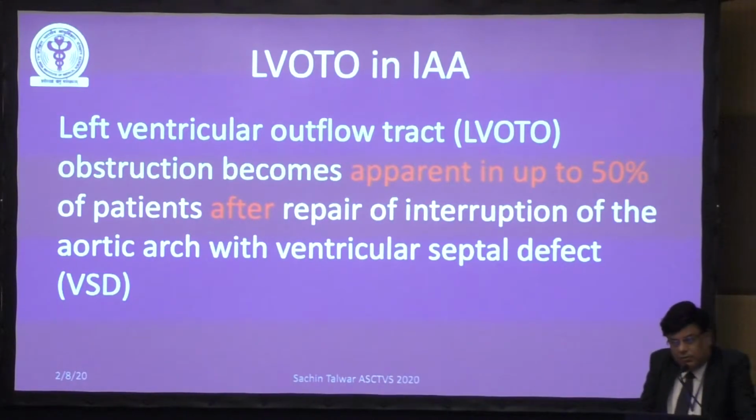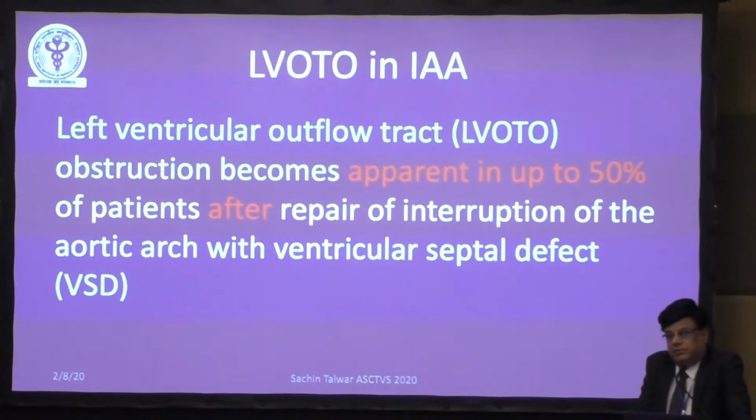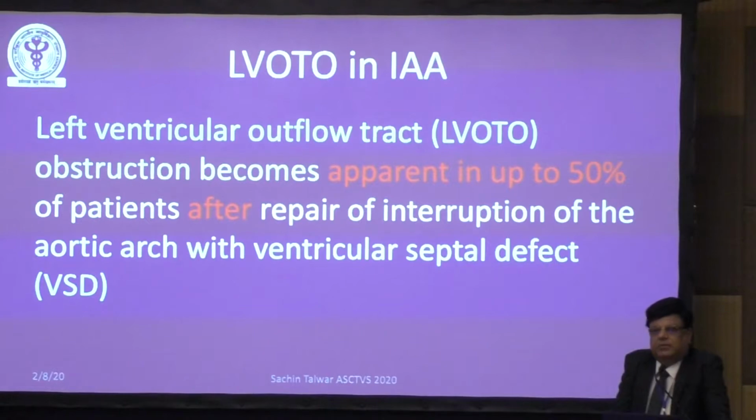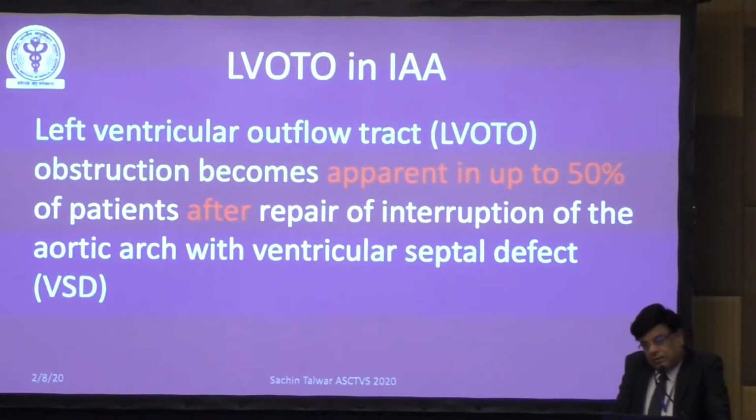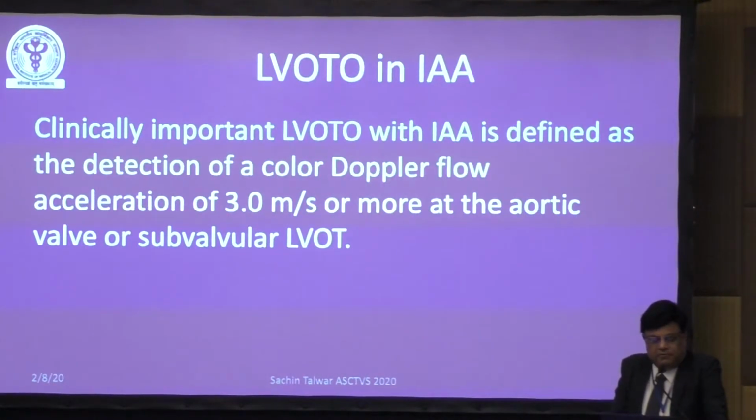Even if left ventricular outflow tract obstruction is not present on the echocardiogram when you assess them, after you repair the interrupted aortic arch, LVOTO can appear in as many as 50% of the patients with a ventricular septal defect.